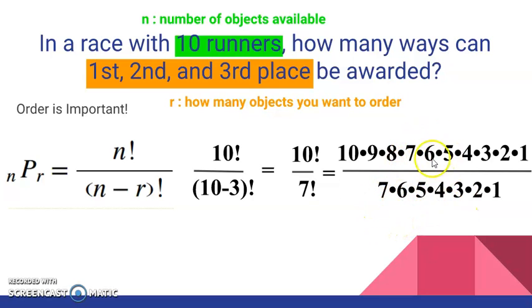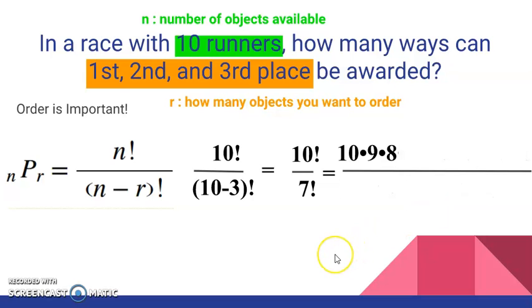The 7, 6, 5, 4, 3, 2, 1 are the same in the numerator and denominator. They're basically going to cancel out. So when they go away, I'm really just left with 10 times 9 times 8. So there are 720 ways to award first, second, and third place for 10 different runners in a race.